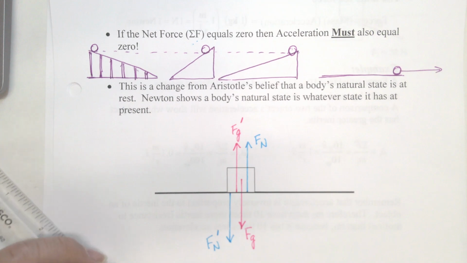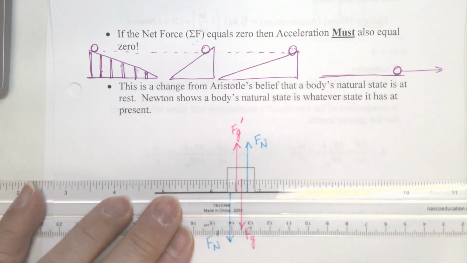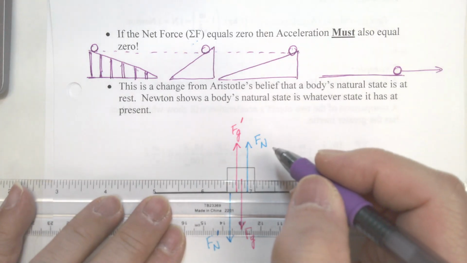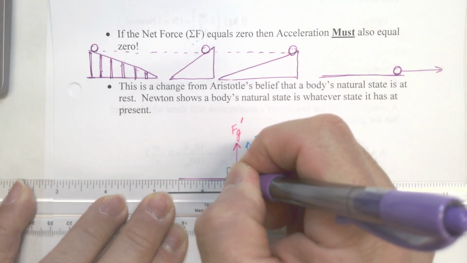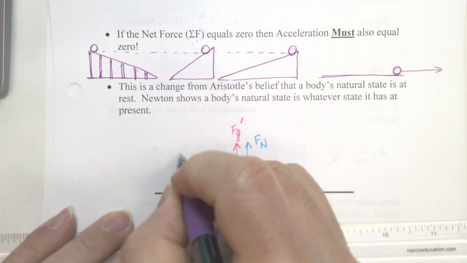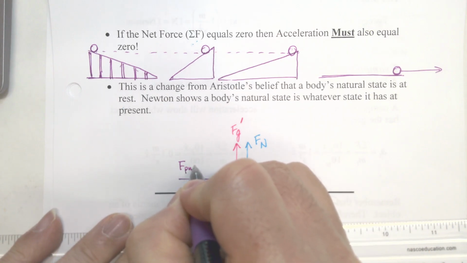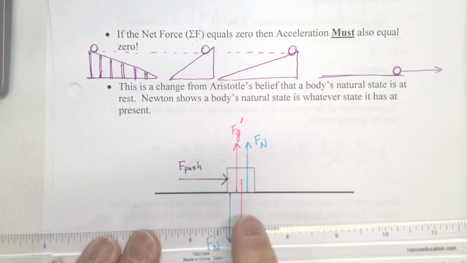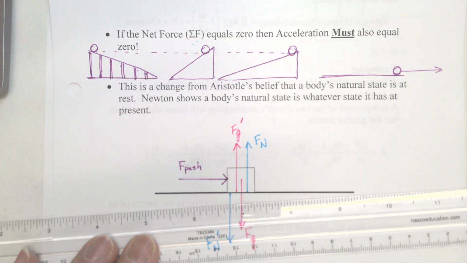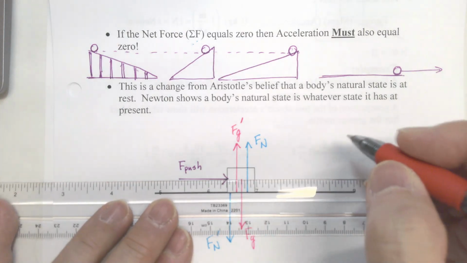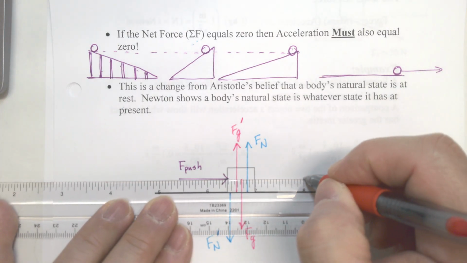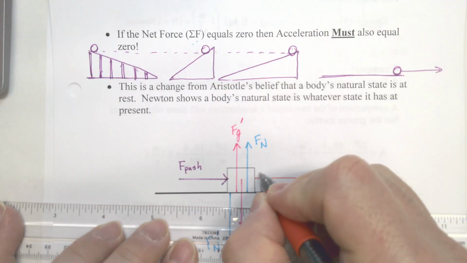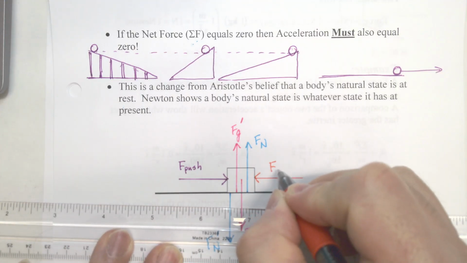And if we push this object with a certain force, let's say F push this way, and it's not accelerating, then there must be something holding it back, and that is the F friction.